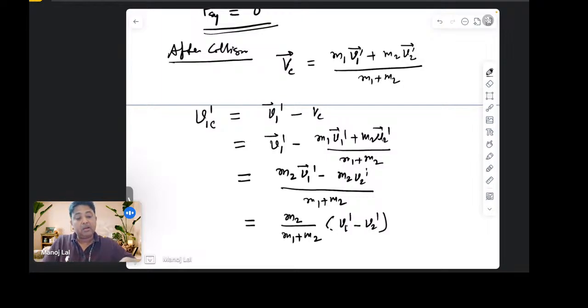So the velocity of particle 1 after collision is proportional to v1 dash minus v2 dash, all having the vector sign. We should not miss the vector sign, even though the directions are different. So V1C dash is what we are talking about after collision.